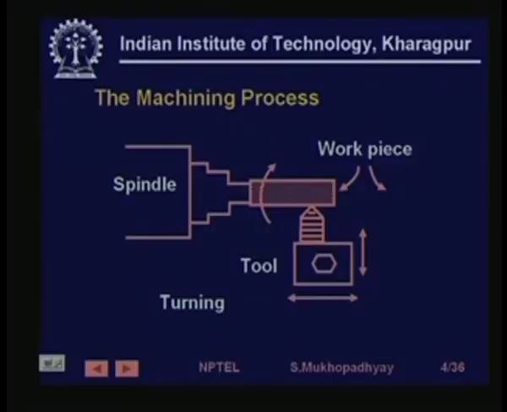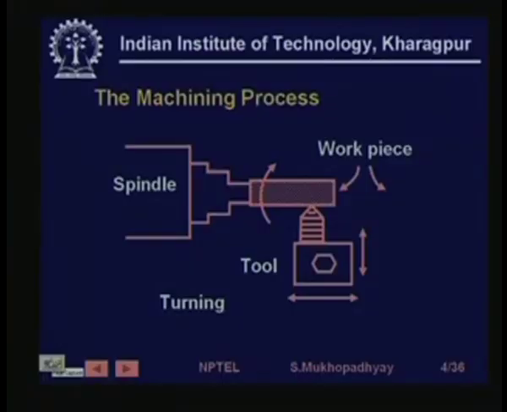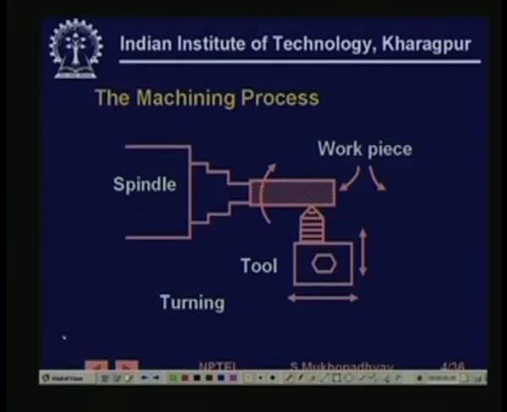So, there are various kinds of machining processes. The most common is turning, which we see in the lathe machine. So, in a lathe machine, this is the workpiece which is held in a holding mechanism, typically known as the chuck, and the chuck is rotated by a spindle, which has a drive motor.